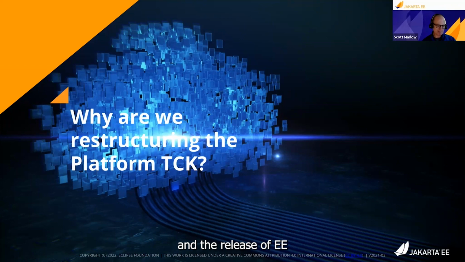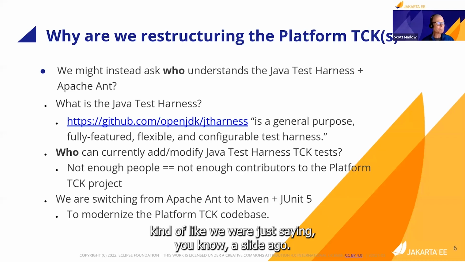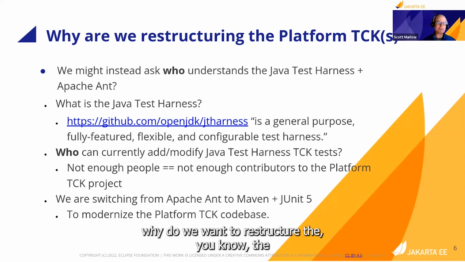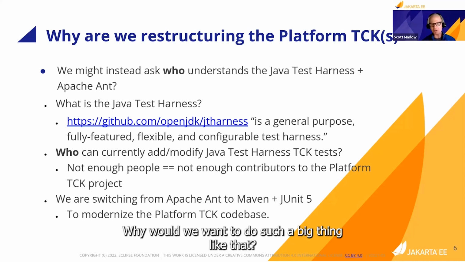The release of EE 11 is blocked on having TCKs to actually use to validate the EE 11 implementations, kind of like we were just saying a slide ago. So we really want to know why do we want to restructure the, I think it's down to 2 to 3 million lines of test code? Why would we want to do such a big thing like that?